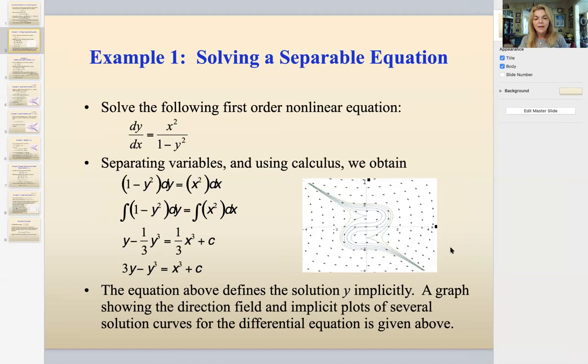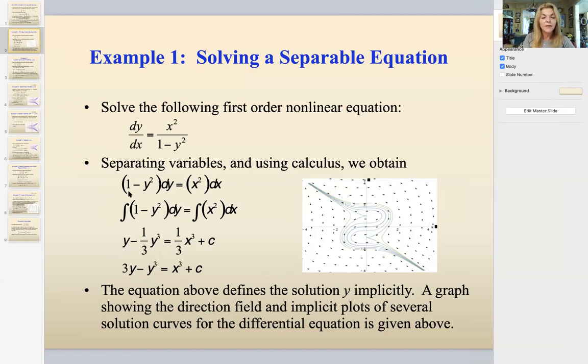Okay, so now when you look at this equation, you want to solve this first order equation that they give you here. So it's dy/dx is x squared over 1 minus y squared. To solve that, I'm going to multiply on both sides by dx and by 1 minus y squared.